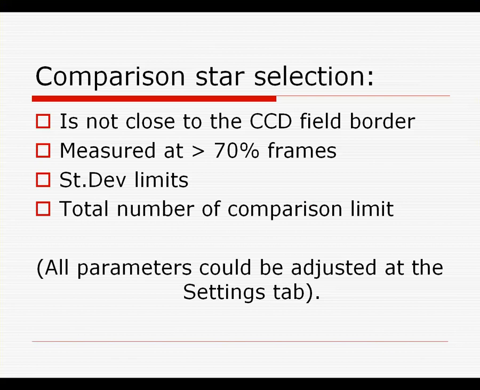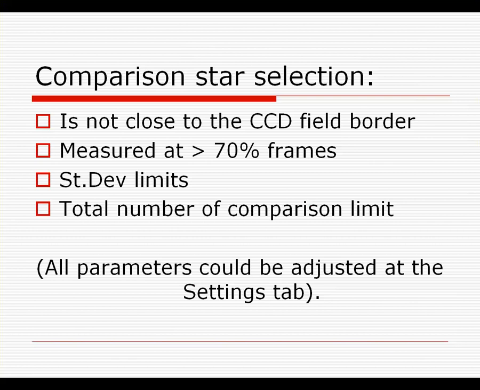So first, this star should not be close to the border of the CCD field, because the border of the CCD field has different artifacts which cannot be avoided. So it's better not to take stars close to the borders.